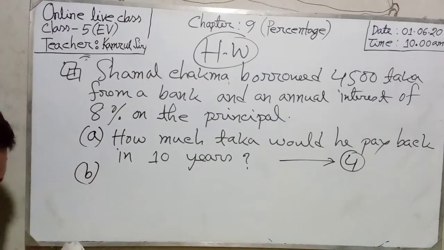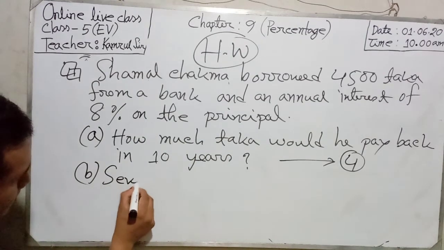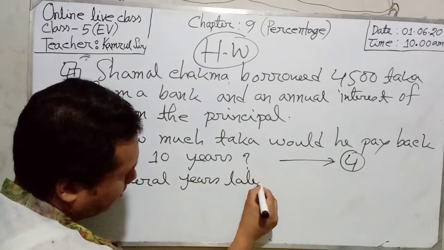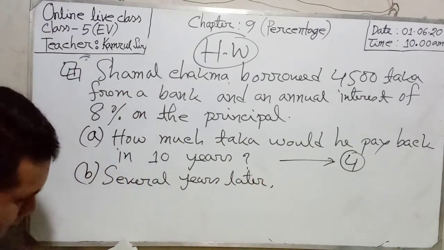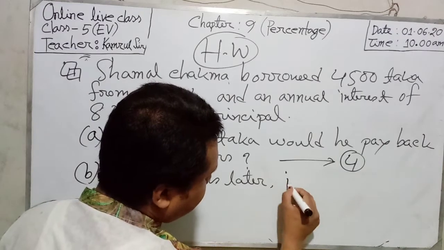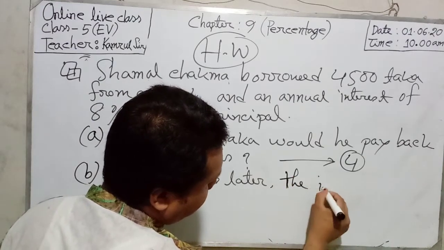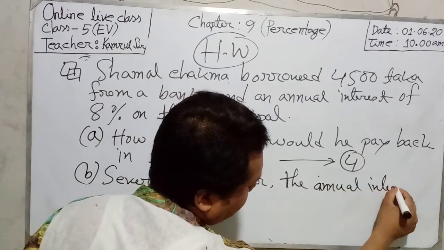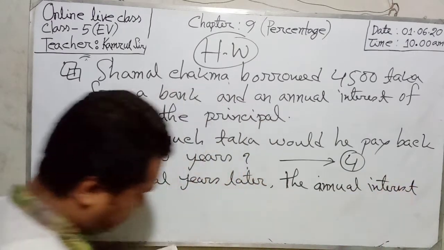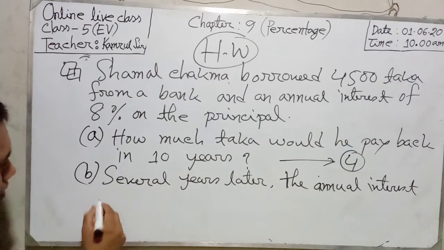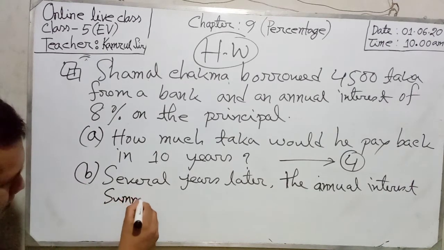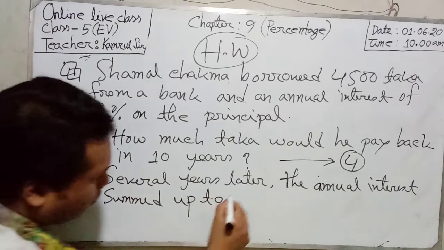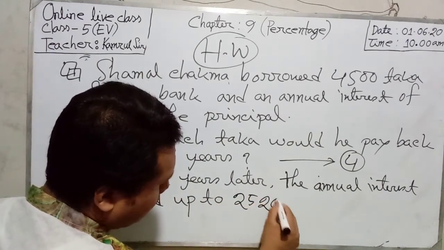Clear? Now B: several years later, the annual interest summed up to 2520 taka.